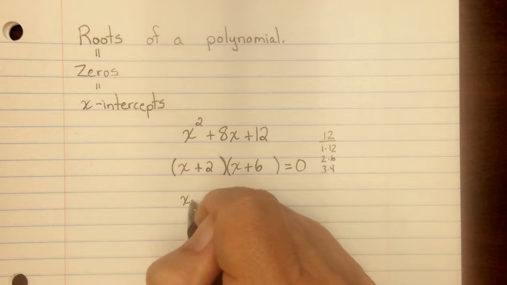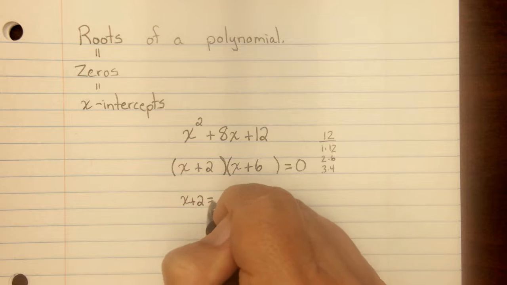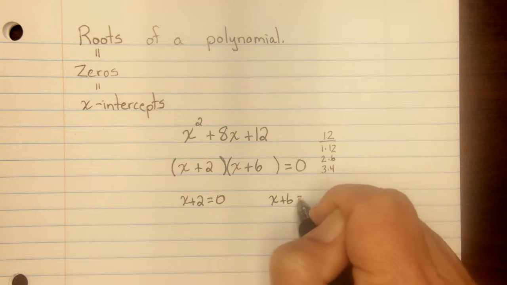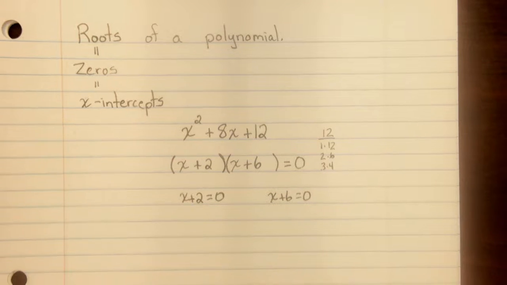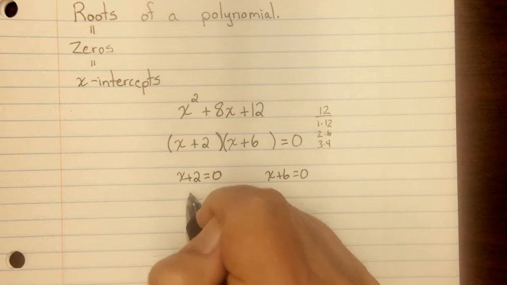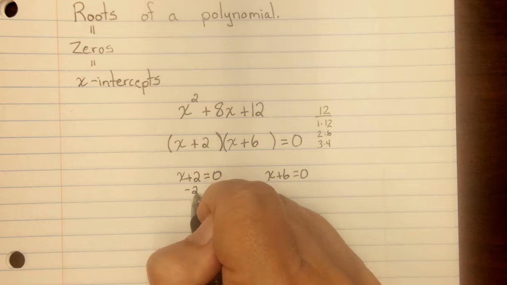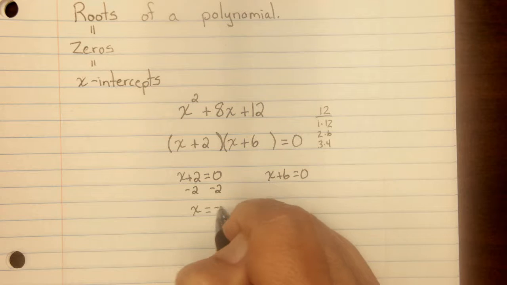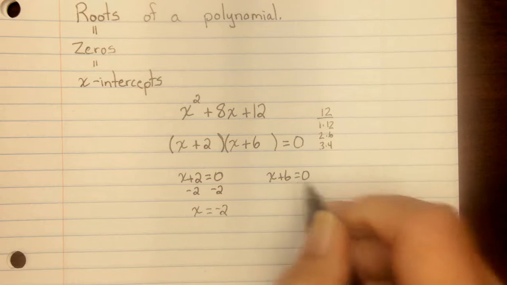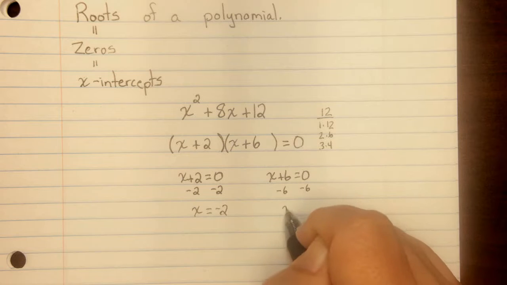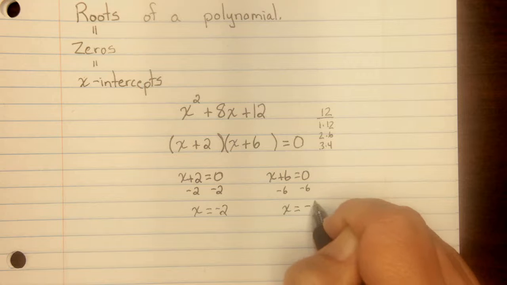So x plus 2 is equal to 0, or x plus 6 is equal to 0. And then we solve each of these little equations. Here we subtract 2 from both sides. X is equal to negative 2. Here we subtract 6 from both sides, and x is equal to negative 6.